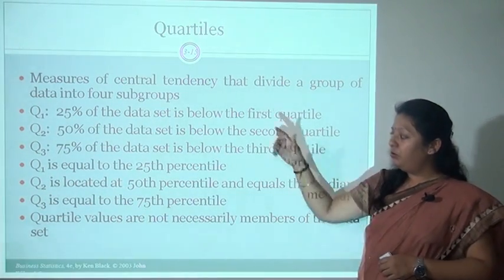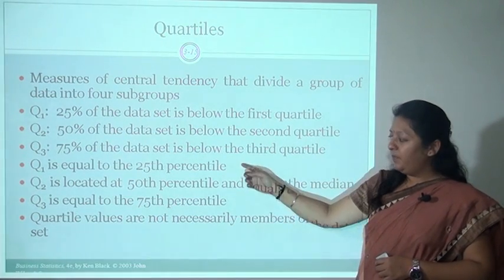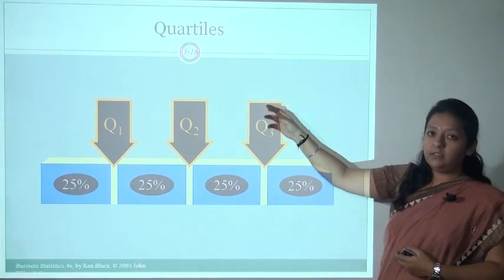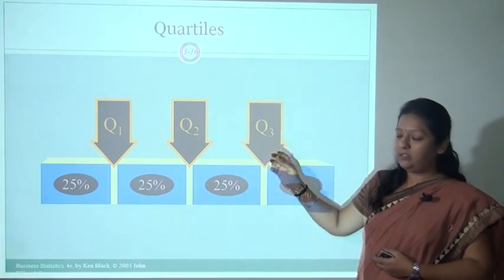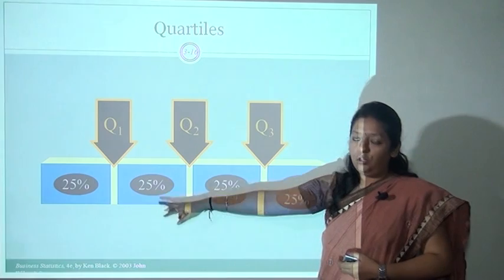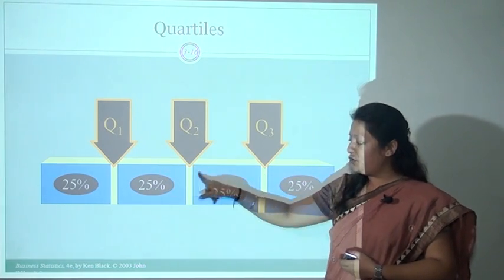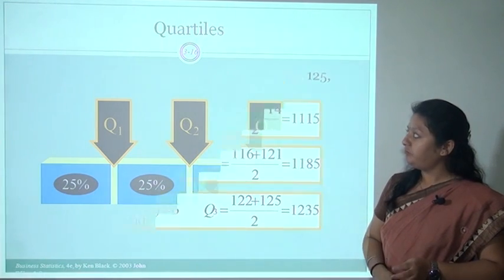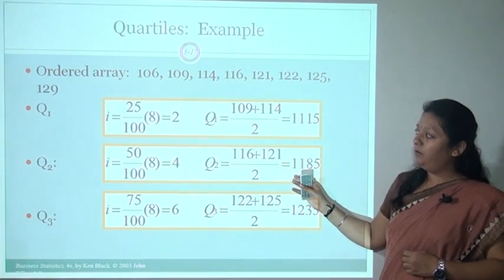It is equal to the value of the percentile in some cases. Now we'll see how to calculate the quartiles. Here the three quartiles and their positions have been shown in the diagram.